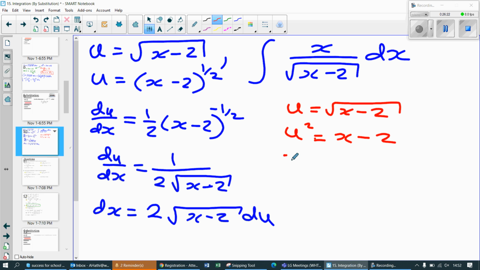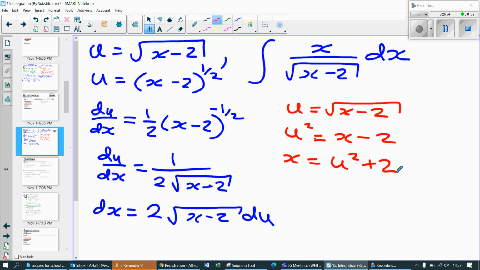So is everyone happy that x equals u squared plus 2? Can anyone see a potential problem coming our way?